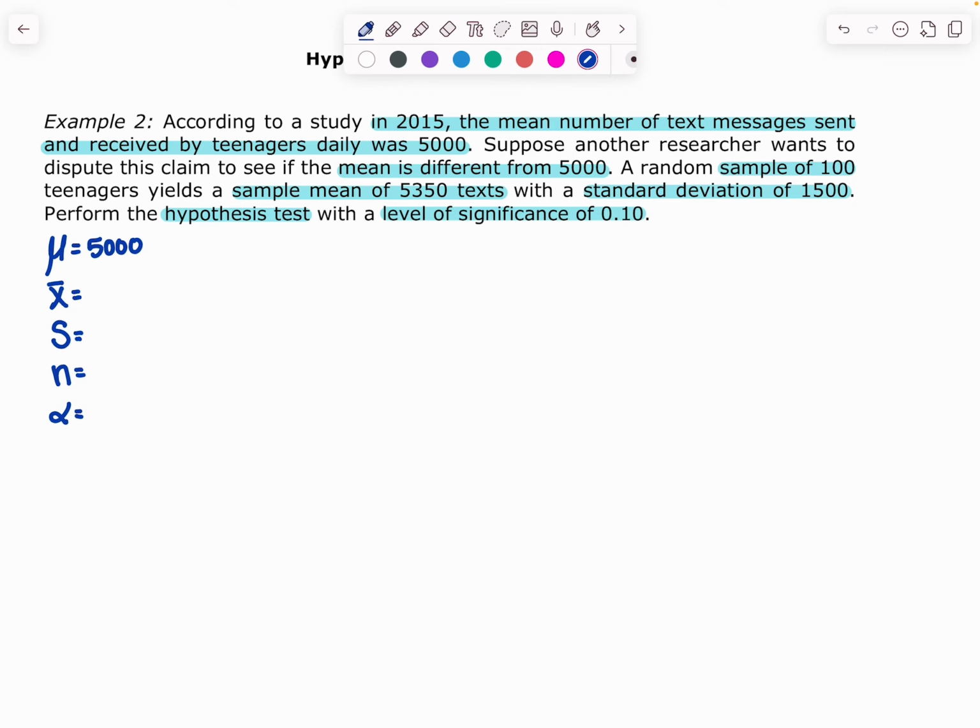The new sample mean that we found was 5,350. The standard deviation was 1,500. The sample size is 100, and the level of significance is 0.1.